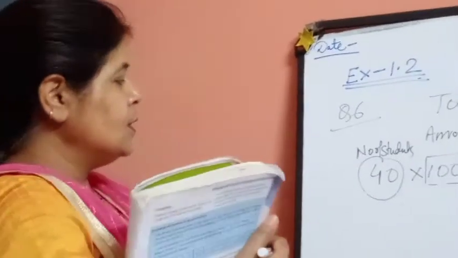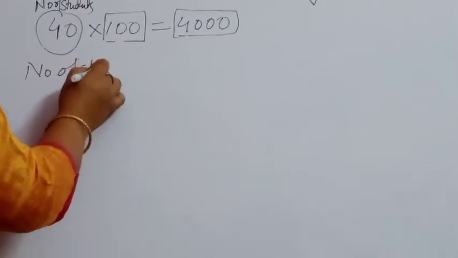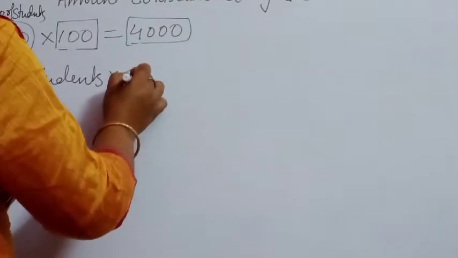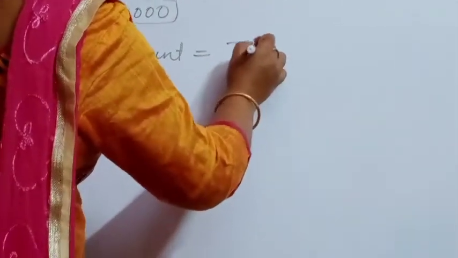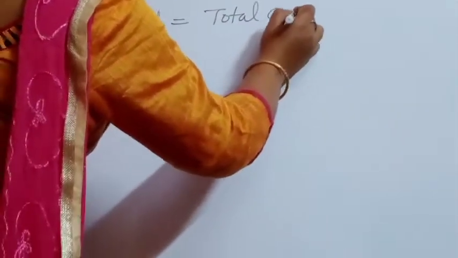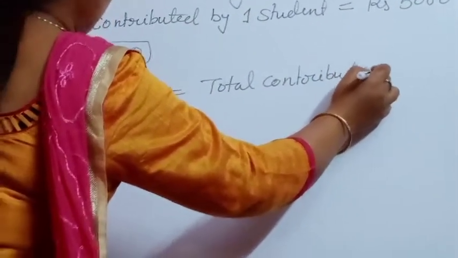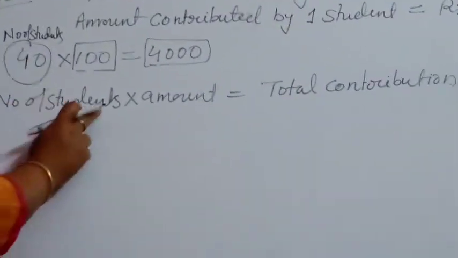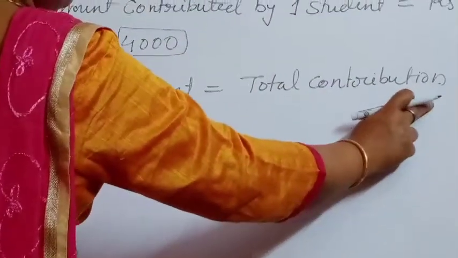Then how many students are here in class? Then what you will do? Number of students multiplied by amount is equal to total contribution. Okay, we have concluded by this small example that number of students multiplied by the amount is equal to total contribution.